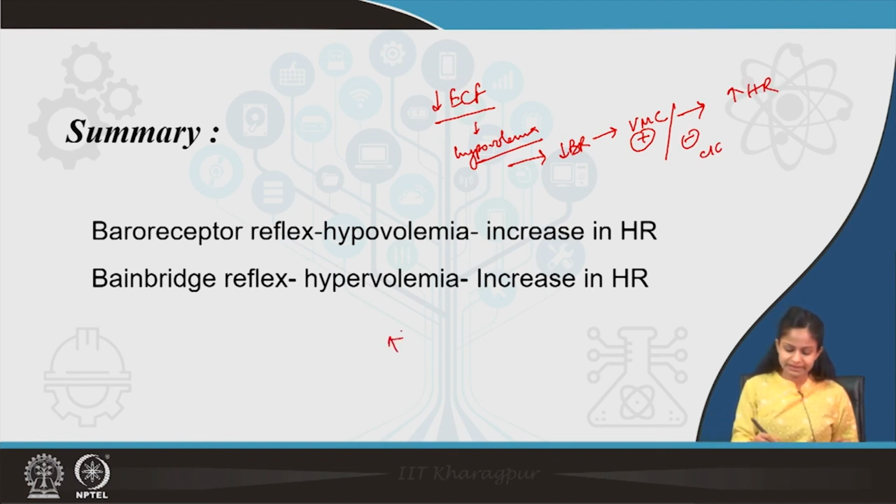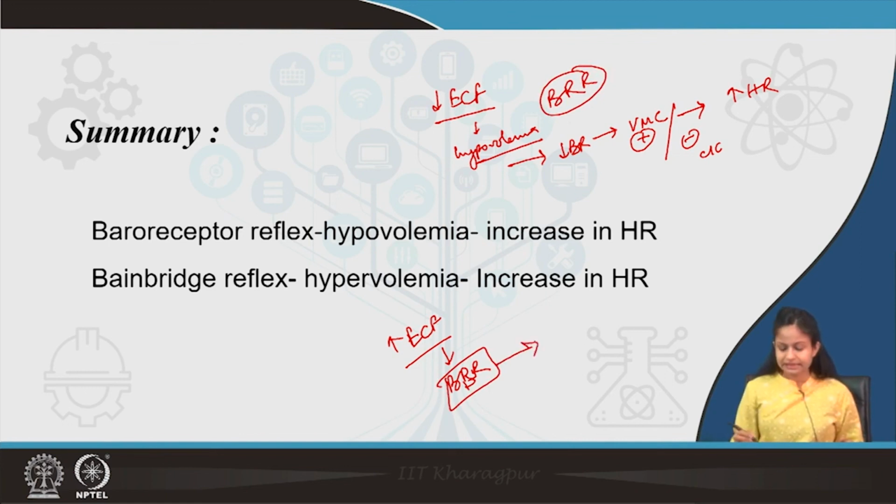But whenever there is increased ECF, at that time the baroreceptors will not act. At that time the receptors which will act are the low pressure baroreceptors, that is the Bainbridge reflex. With the help of the Bainbridge reflex, there is increase in the heart rate with the help of low pressure baroreceptors.